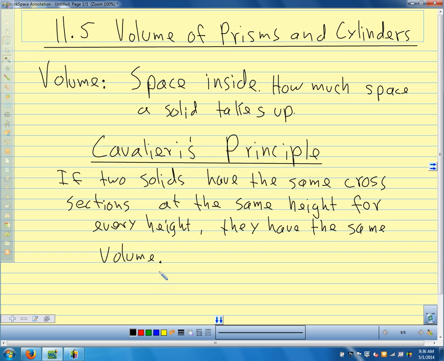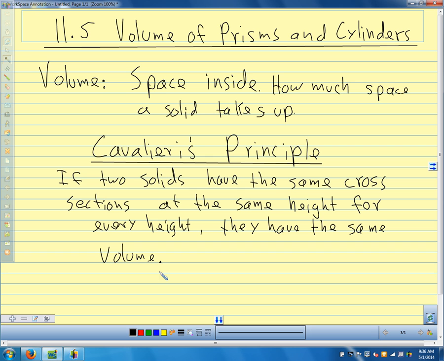We slice the solid into tiny little thin slices. If the cross section is the same, that's telling us the shape's not changing as we move up or down. The shape is still the shape of the book. The shape's not changing. The volume doesn't change. So our volume formulas work for oblique prisms, oblique cylinders. It'll turn out to work for oblique cones and oblique pyramids as well because of Cavalieri's principle.